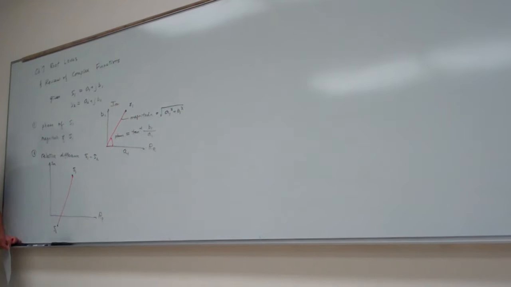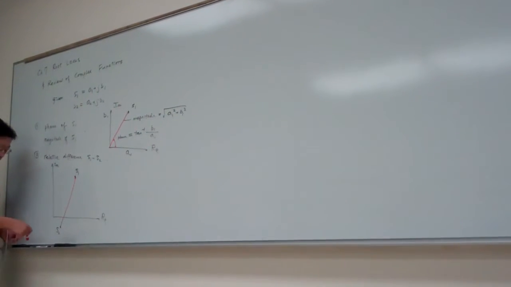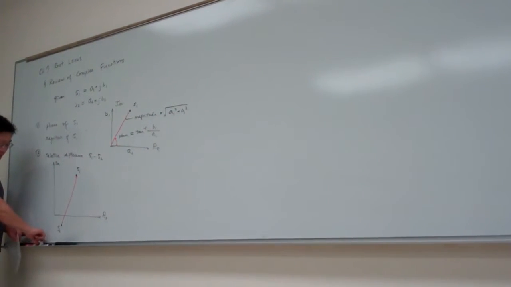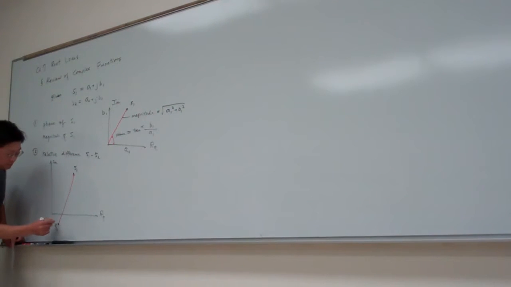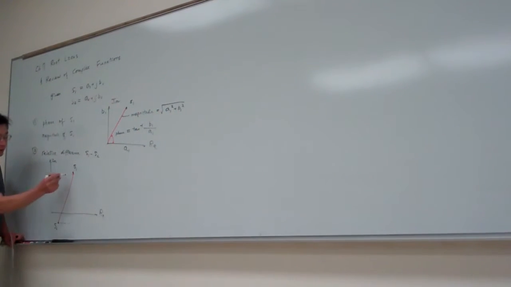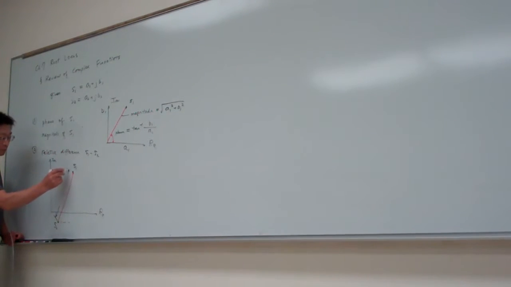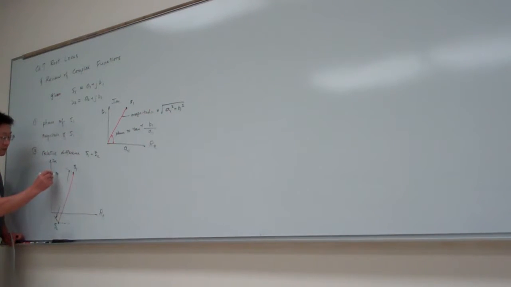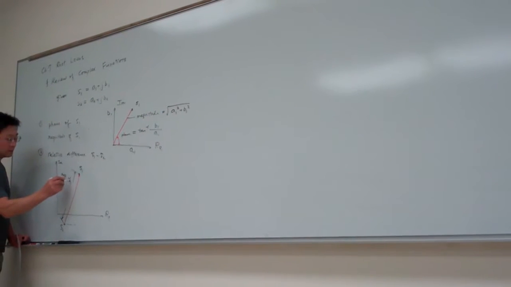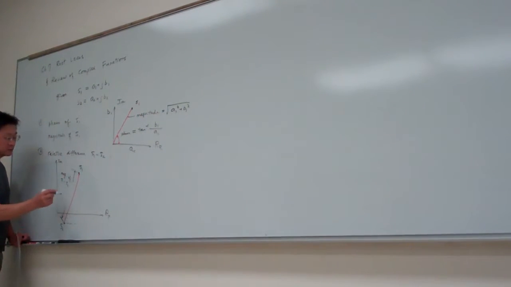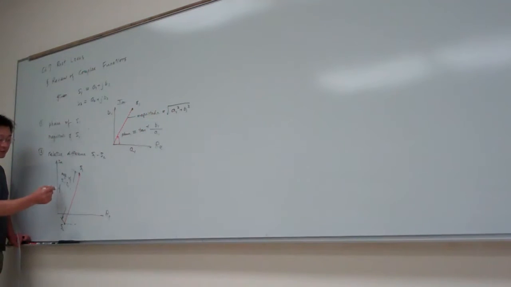Okay. And in this way, this is the amplitude. This is the magnitude of S1 minus S2, and many times we use the absolute value symbols around S1 minus S2 to indicate the magnitude.